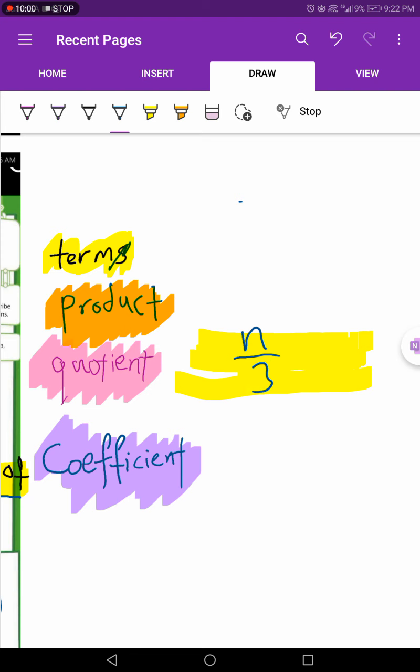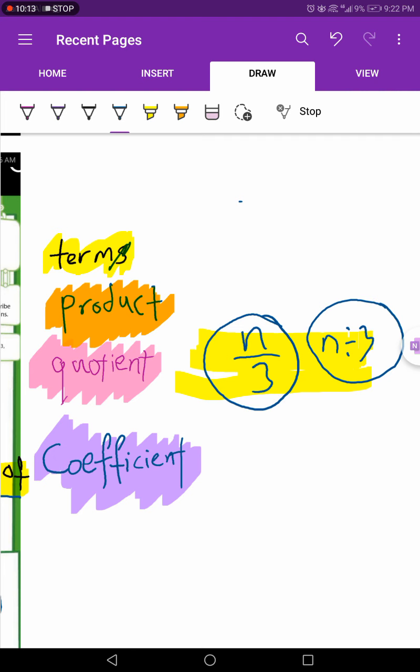We read it: quotient of n over 3, or quotient of n divided by 3. Both of them are the same. Another example, r over 6, we can read it as the quotient between r and 6.